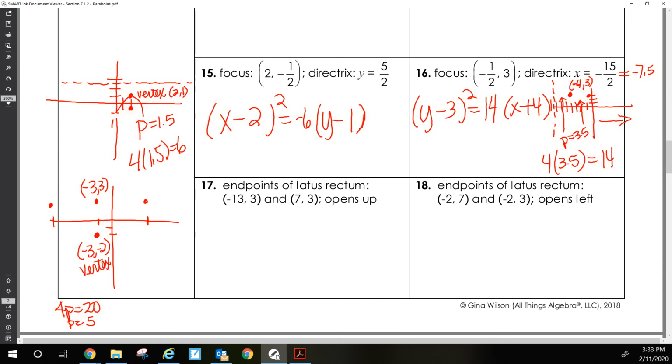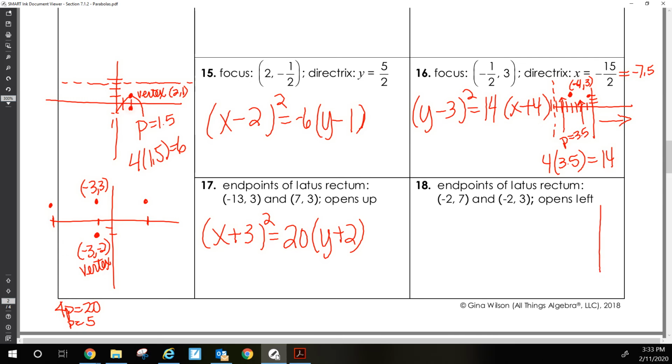Since we are opening up, we know it's an x squared. It's going to be some positive 4p, and we know 4p is 20 already, right? And then y something. For our vertex, it's x minus a minus 3 and y minus a minus 2. And there is our equation.